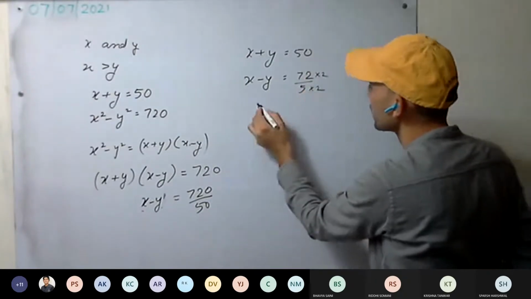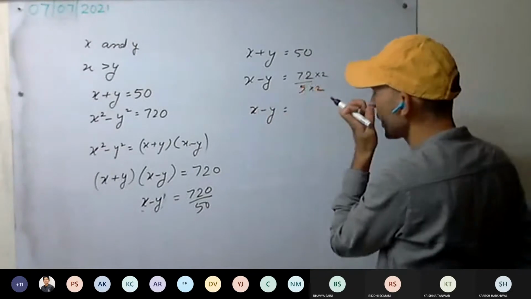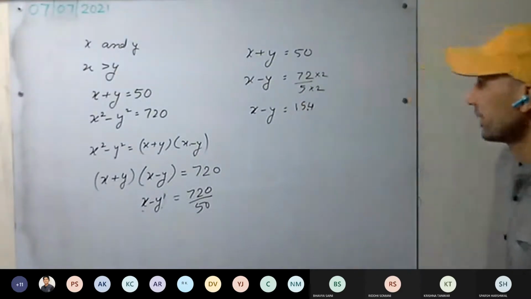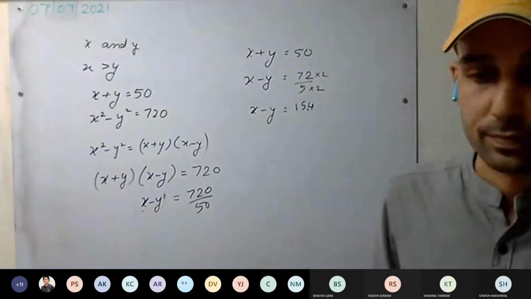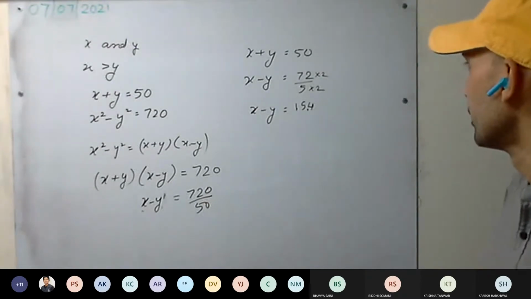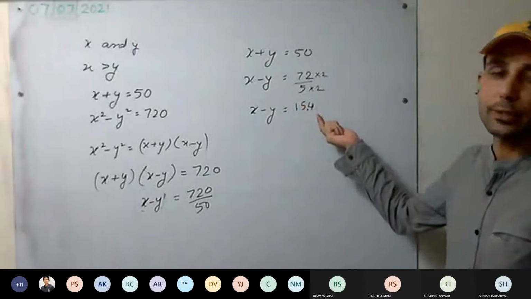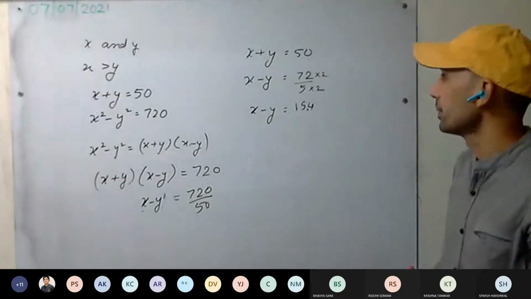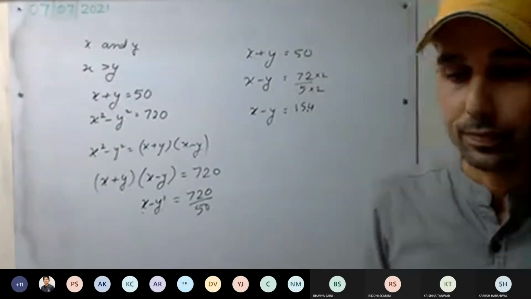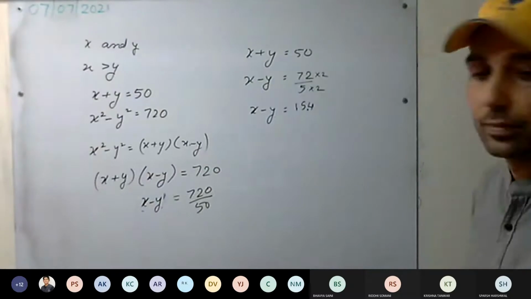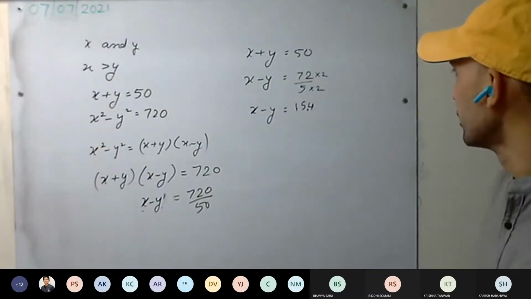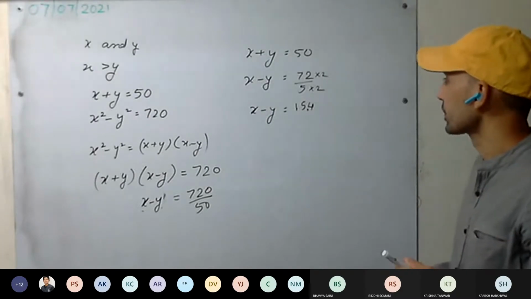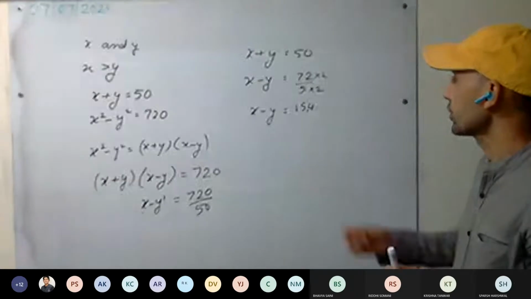Multiply both by 2, so the second equation becomes x minus y equals 15.4. We converted it into a decimal. Solve for x and y.